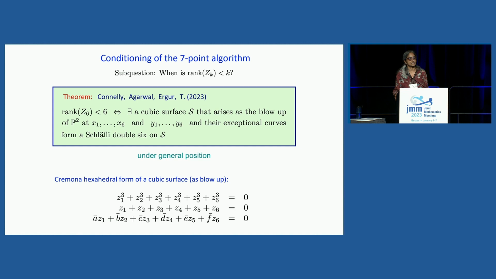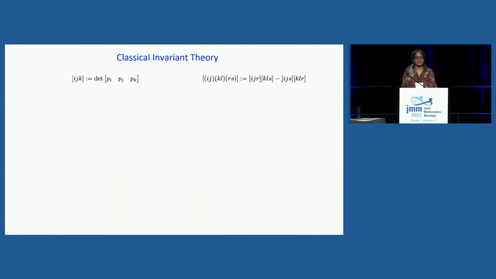The first linear equation doesn't have any data in it, but the second linear equation has these coefficients, A bar, B bar, C bar, and so on, which is where the points come in, the points that you blew up. Okay, so what are these coefficients?